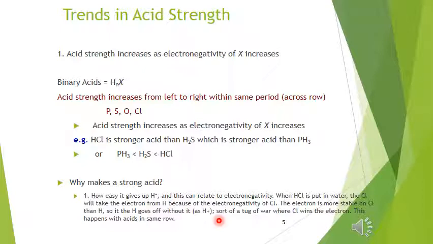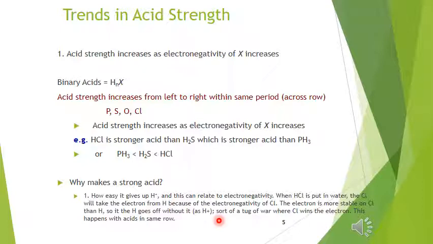So the reason why this is a stronger acid is because the chlorine, again, the conjugate base, is able to stabilize the electron better than when it was on the hydrogen.